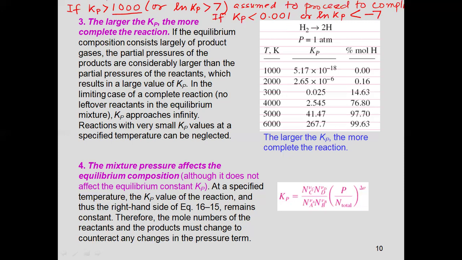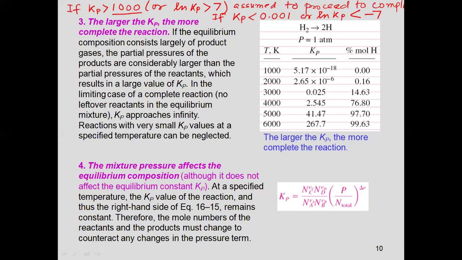That means if for a particular reaction Kp is more than 1000, then we consider that almost 100% of the reactants are converted to products. And if Kp is less than 10 to the power minus 3, then we consider that the reactants do not react at all.